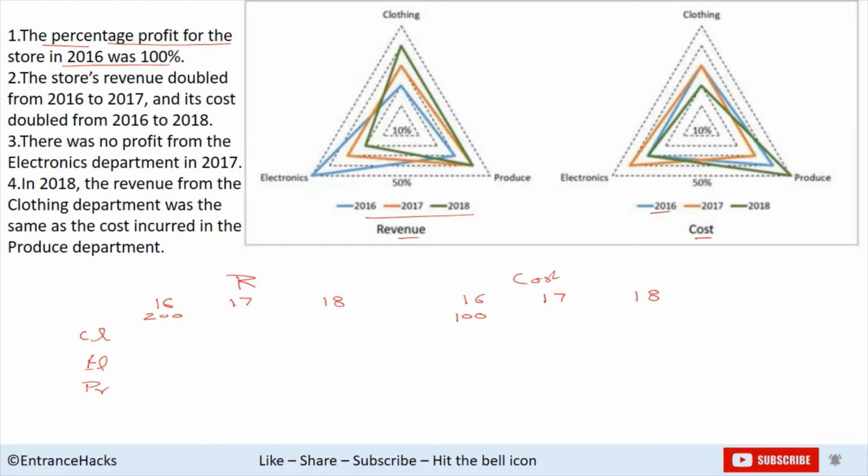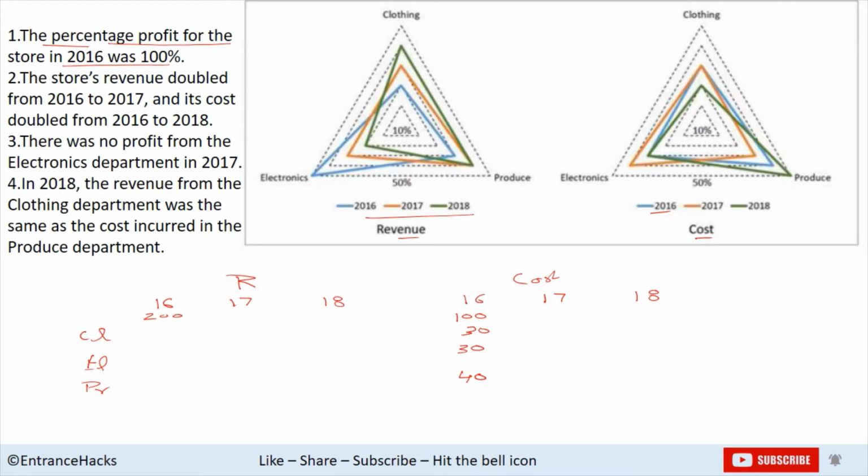For clothing it is 30%, so 30% of 100 is 30 rupees. For electronics it's again 30, and the remaining is 40 for produce. So we get 100% like this.